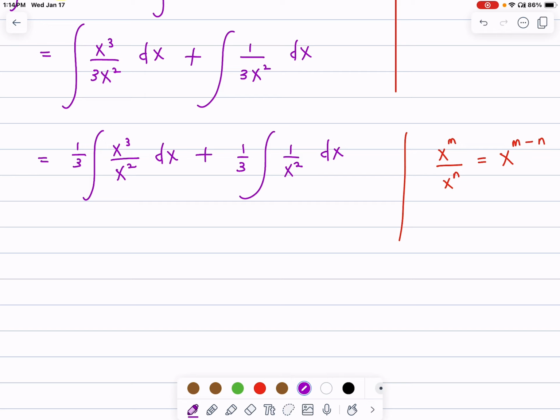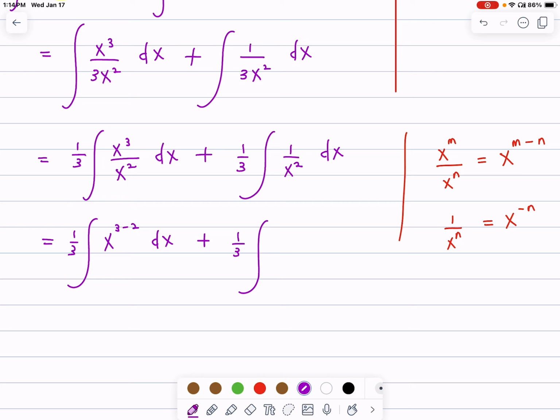So that's just going to be 1 over 3 integral of x to the power of 3 minus 2 dx plus 1 over 3. For this other one, I can use the rule of exponents that says that 1 over x to the power of n is the same thing as x to the power of negative n.